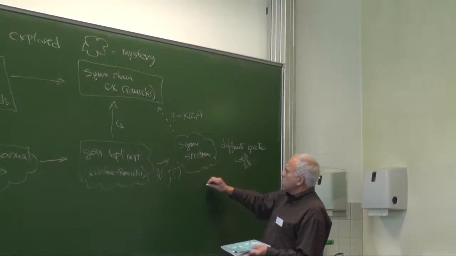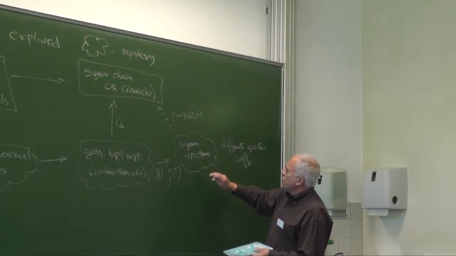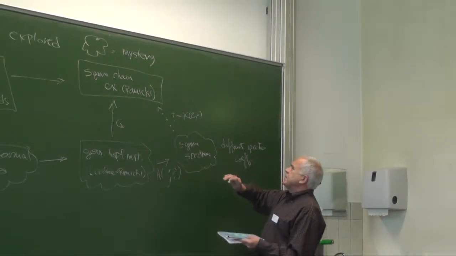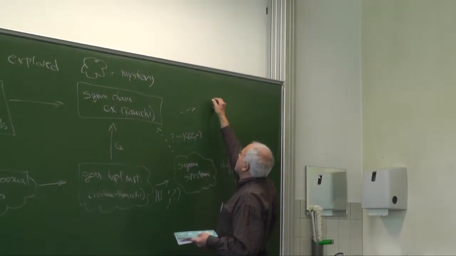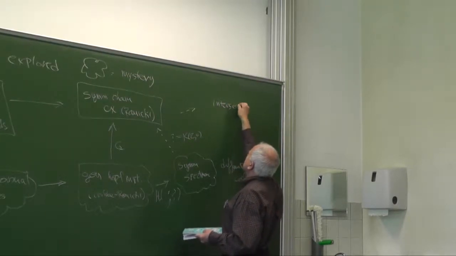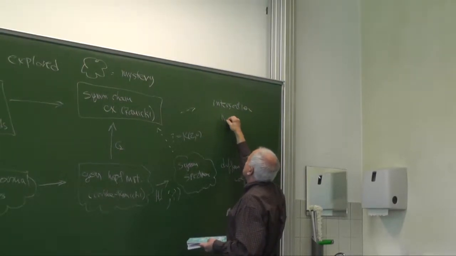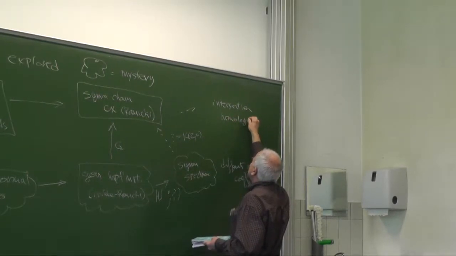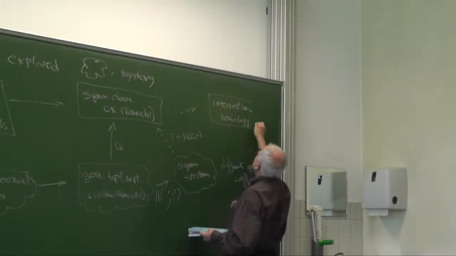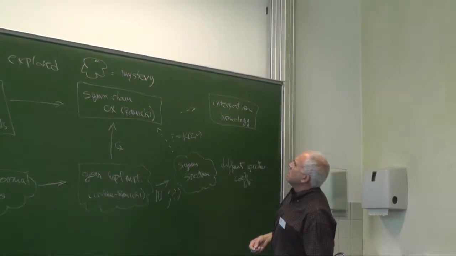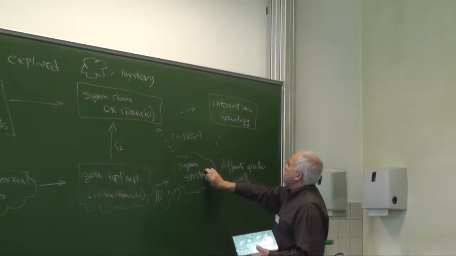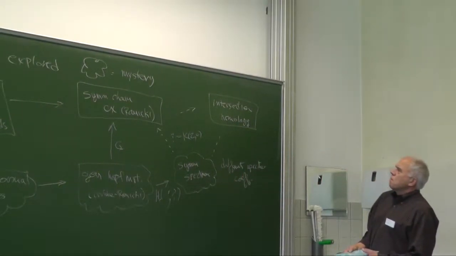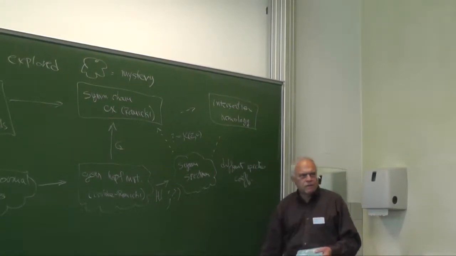And one of the reasons for doing this is that there is a connection with intersection homology, which is well explored. And this would give a version of intersection homology for different spectra.